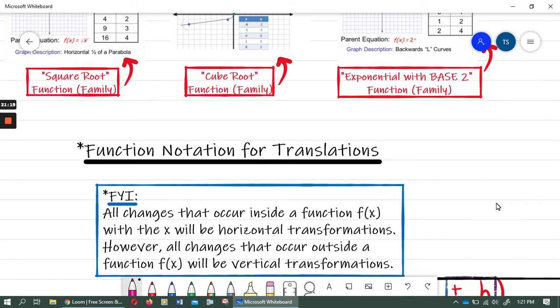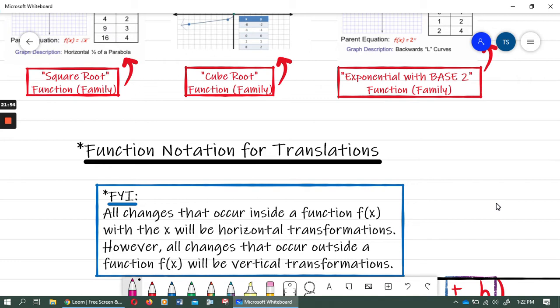And we know that the input values, in other words, the x values in functions, control the horizontal component. So those input values, the x values, are horizontal in nature.